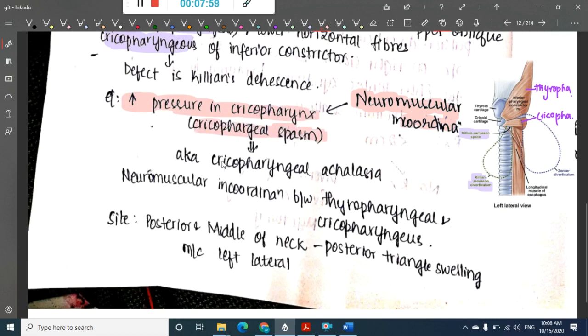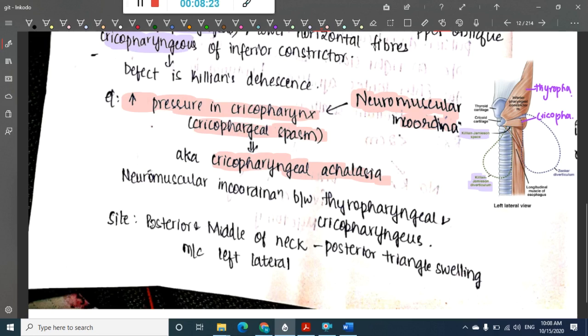And because of this cricopharyngeal spasm, there is something called cricopharyngeal achalasia. Neuromuscular incoordination is present, as I have said, between cricopharyngeus and thyropharyngeus. That is the reason why there is increased pressure in the cricopharynx.